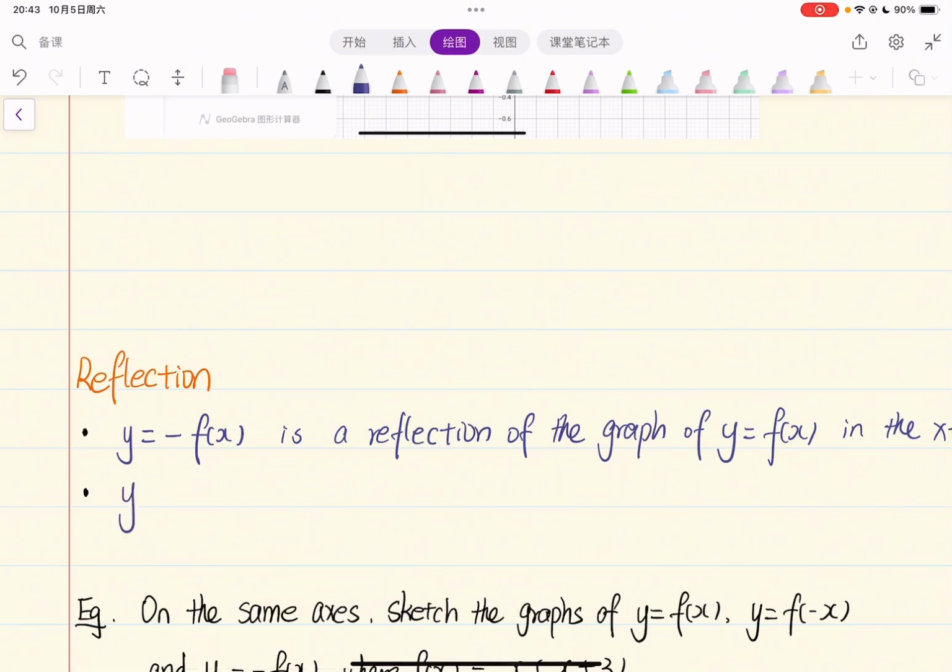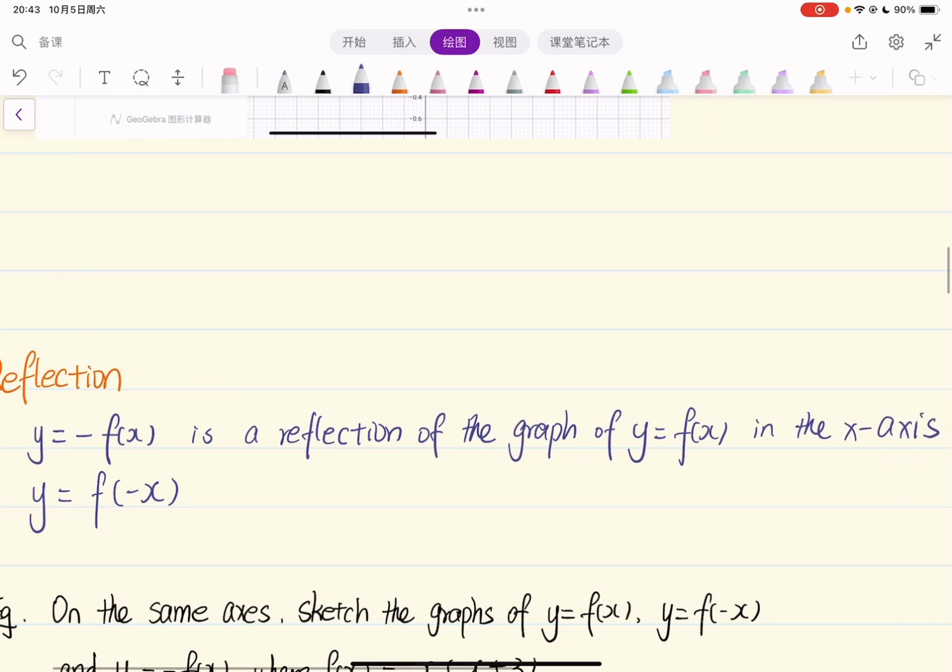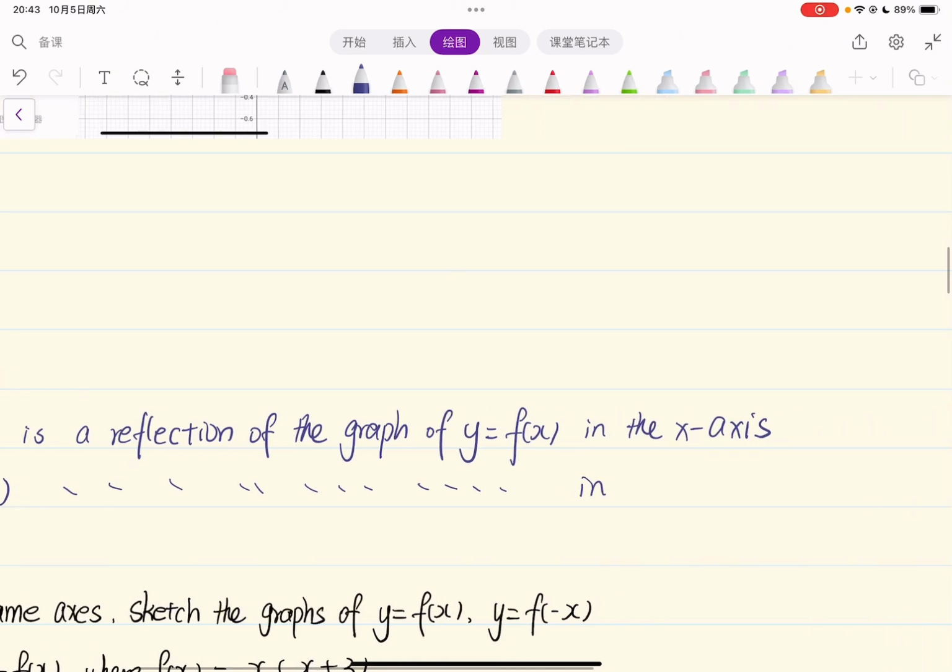For y equals f(minus x), it's a reflection of the graph of y equals f(x) in the y-axis.